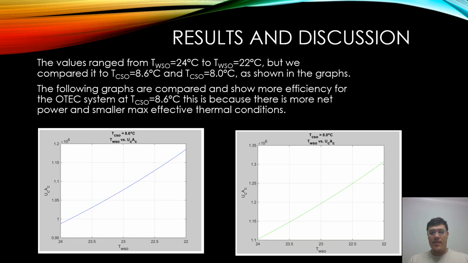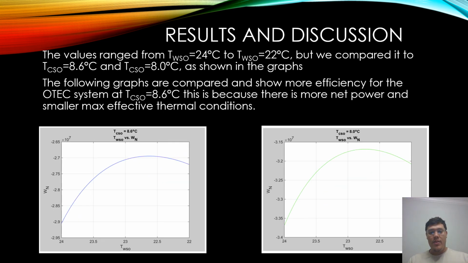Using the equations we discussed prior, we created these graphs in MATLAB. Again, the values range from 22 degrees to 24 degrees and 8 degrees to 8.6 degrees Celsius. These graphs again, but in a positive trend, show that the 8.6 degrees Celsius system is the most efficient of the two.